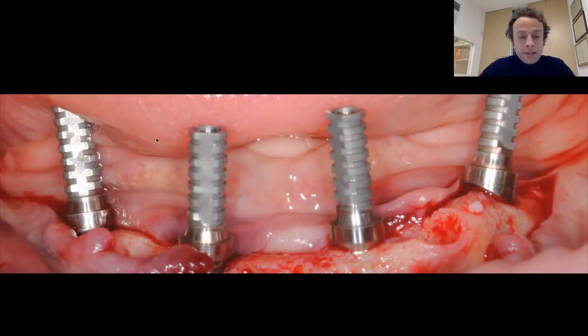And here is what's happening intraorally. Really often I like to ask my technician to sandblast the temporary abutment in order to increase the link between the acrylic and the surface of the abutment. And look, I always place my temporary abutment here on the top of the multi-unit abutment.